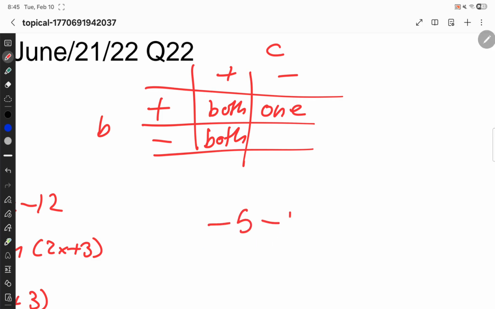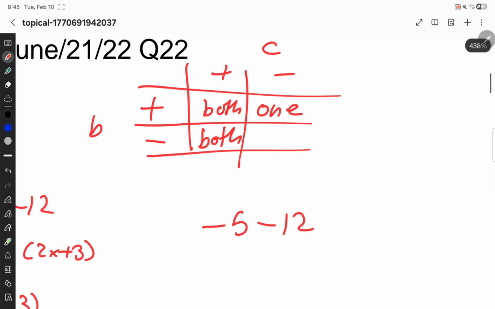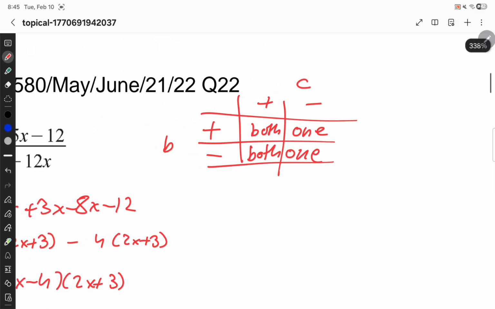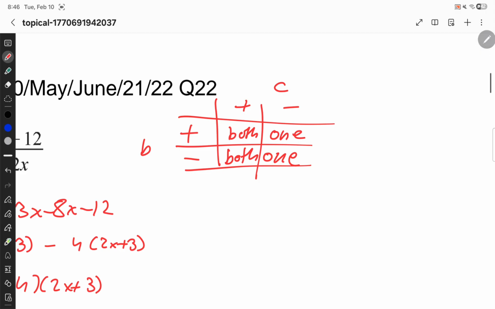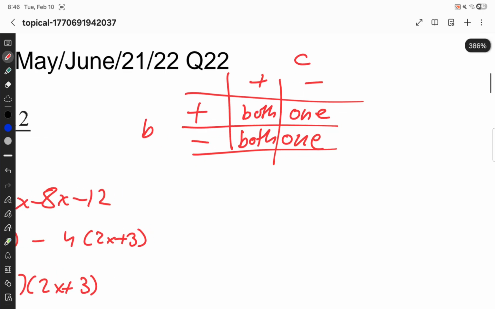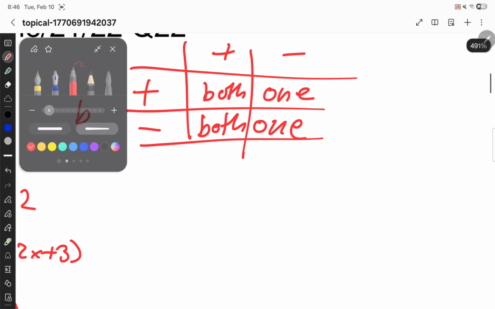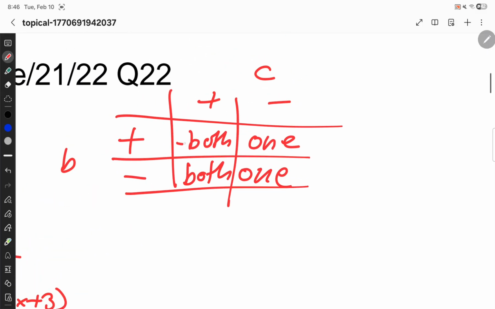And if it's this case, it will be one row being negative. That's how we do it. If C is negative, then one is negative. If C is positive, then either both are positive or both are negative. So this is how you can read this table, both positive or both negative.